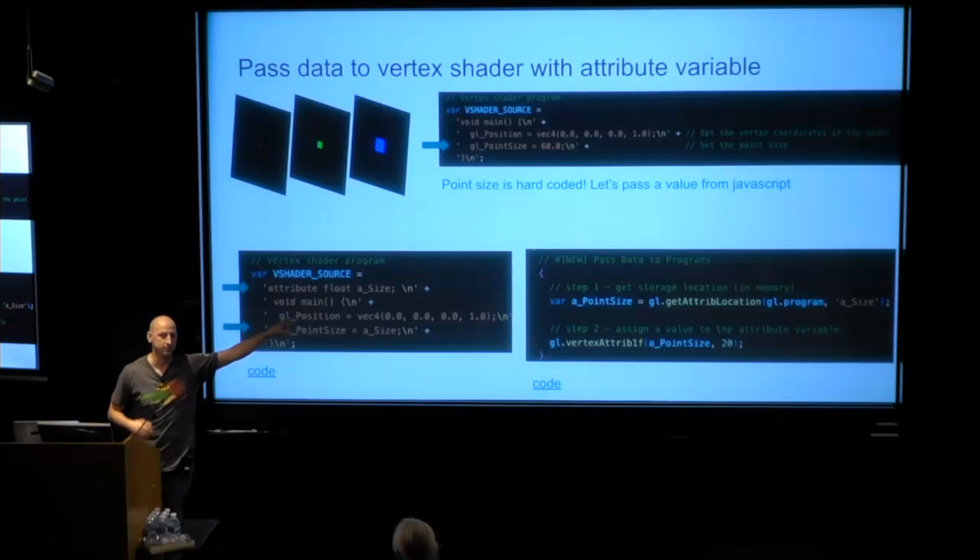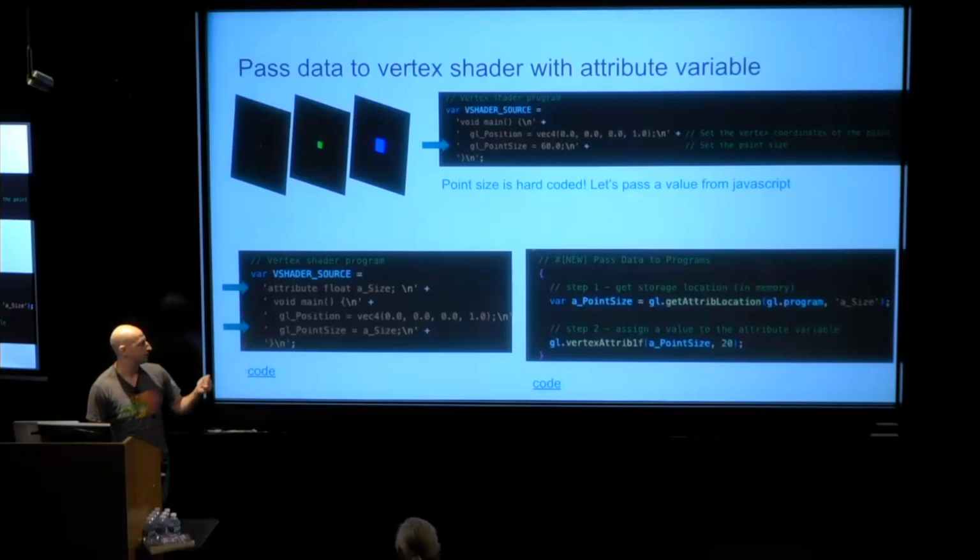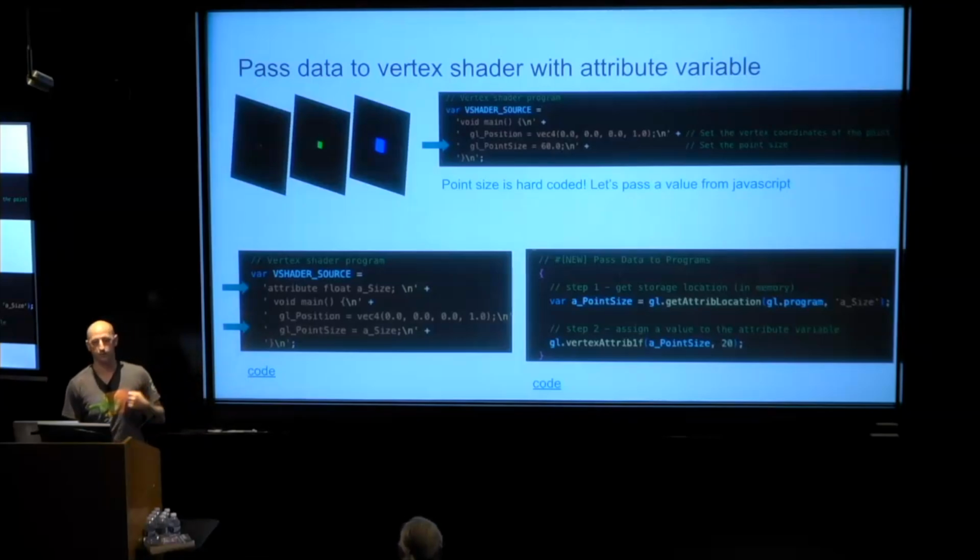You can think of it as a C++ pointer to that point in memory. Now that you have the point in memory, you can pass a value to it, using a GL function here, which is essentially saying pass a value of 20 to the variable pointed to by a_point_size and expect it to be a single floating point number.